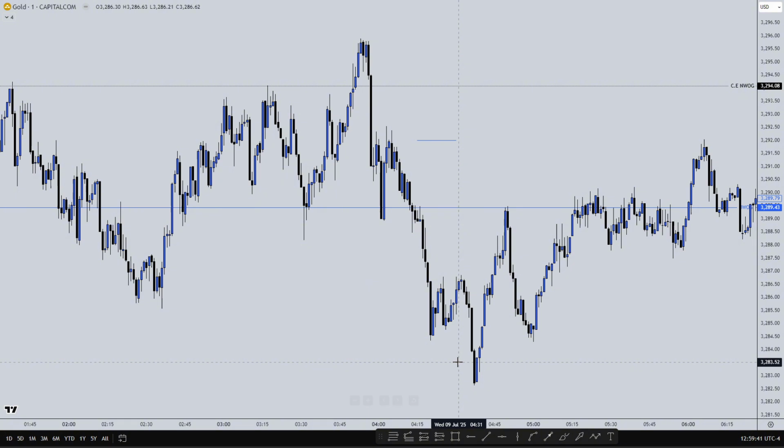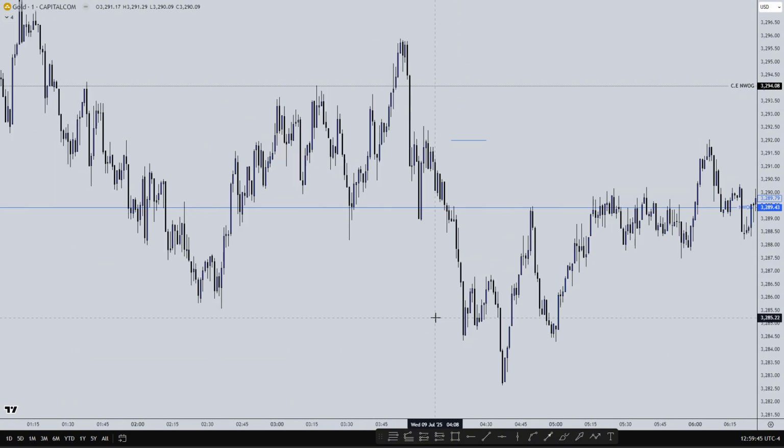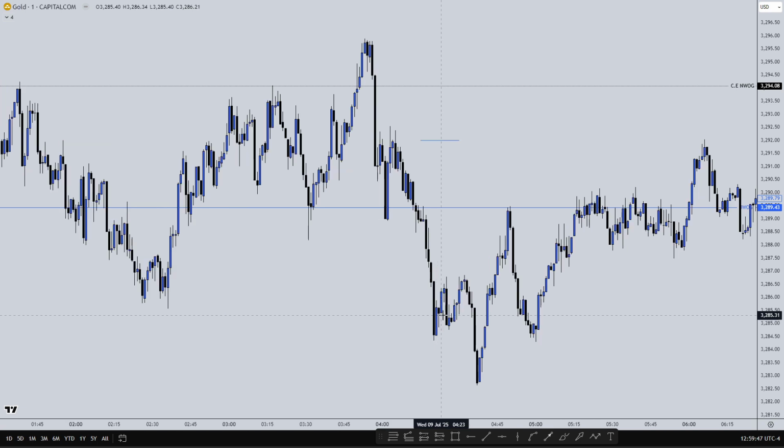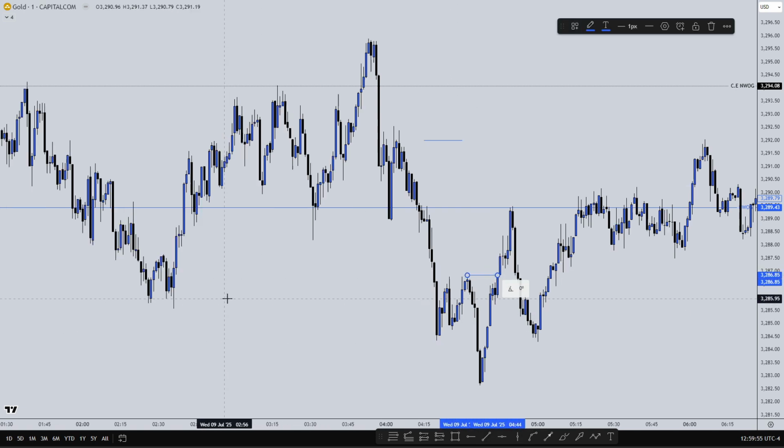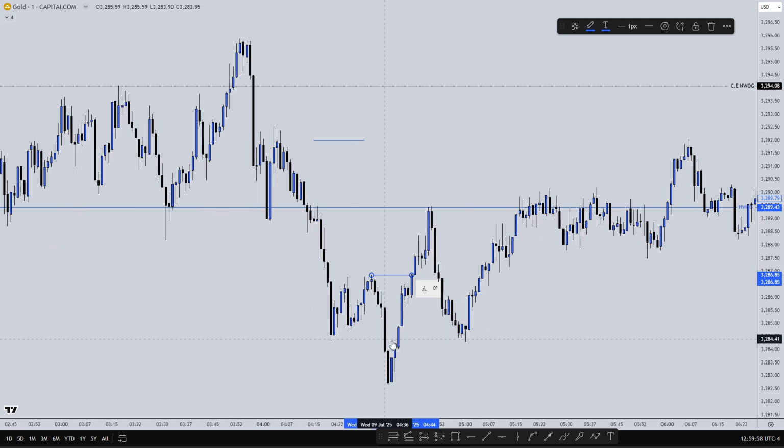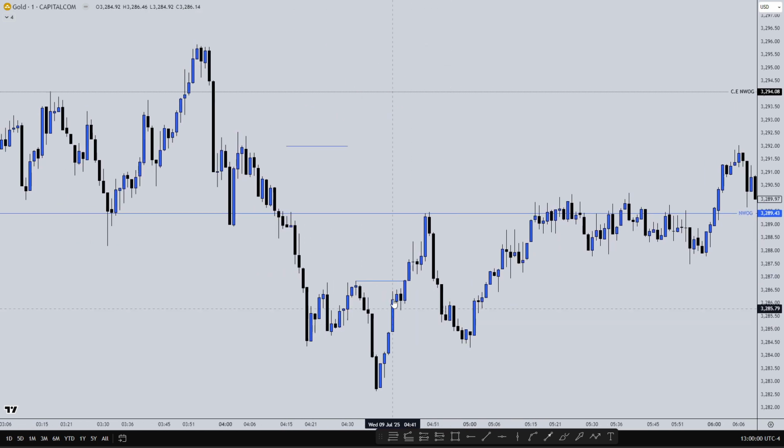And I said sometimes that the prices go in the opposite direction, which you can see here. Before 5 a.m., the prices did a change, a market structure shift, after taking this side, and then it traded into this fair value gap.